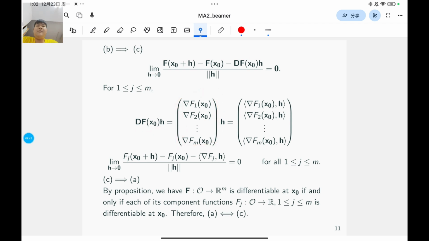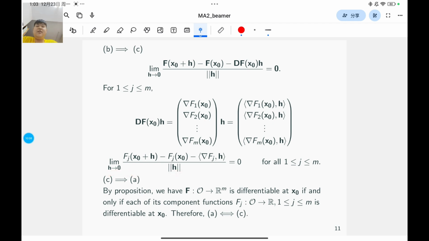When it is multiplied by a vector h, each row of Df(x0) times h is the inner product of the gradient of the component function and the vector h. Therefore, the component function fj has partial derivatives at x0 and this limit is equal to 0.